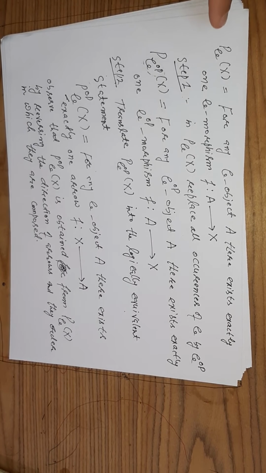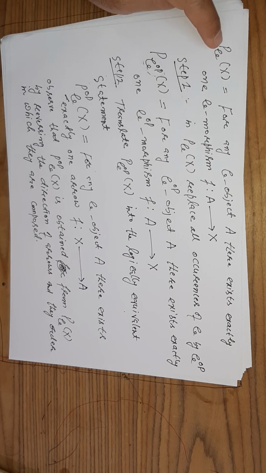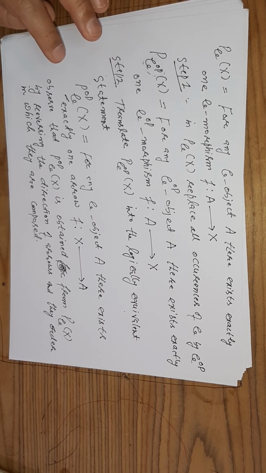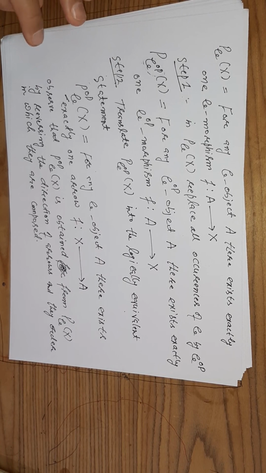So in general, the statement P and the opposite statement are not equivalent. Means one implies other, the other may not imply the first one. So I will give an example to justify that a given statement and its opposite statement are not equivalent. So see the example.